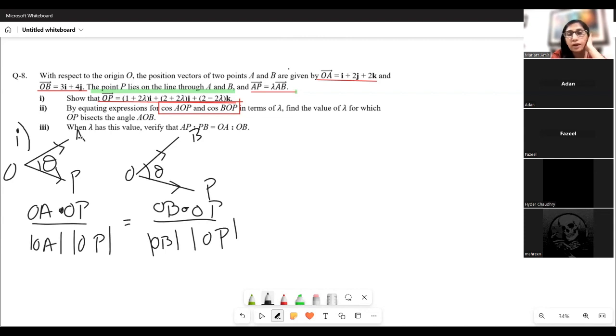In the numerator, we have to take the dot product, but in the denominator, you can cancel the magnitude of OP on both sides. Now let's work out the numerators.